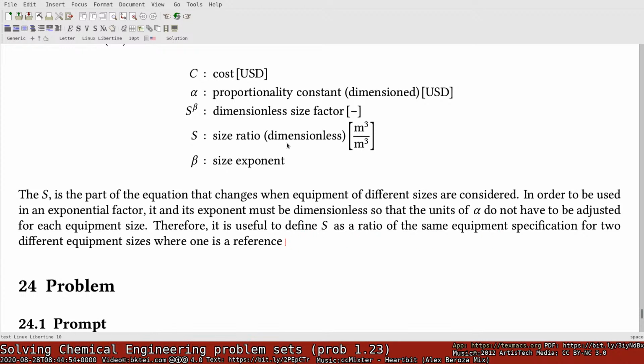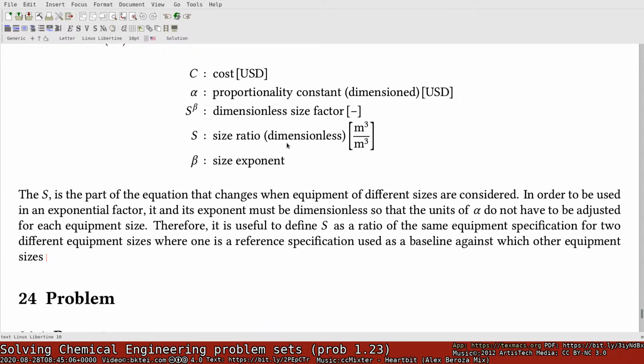Or one is a reference specification used as a baseline against which other equipment sizes may be compared.